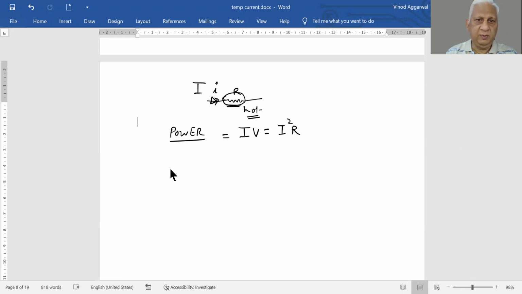That is the basic principle of filament lamps. They have a very low resistance, and you apply some voltage across it.